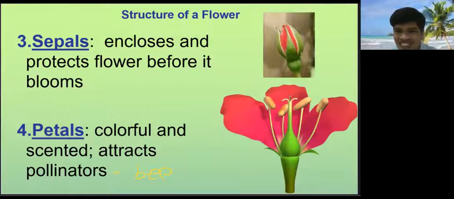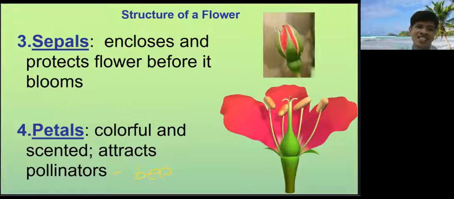Butterfly, you said? Yes, it could be. Very good. Butterflies are also considered pollinators.